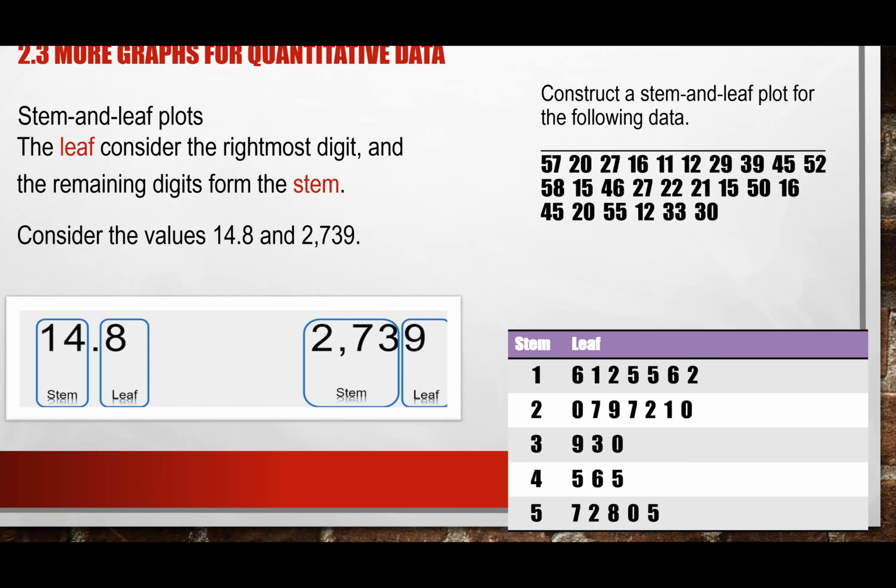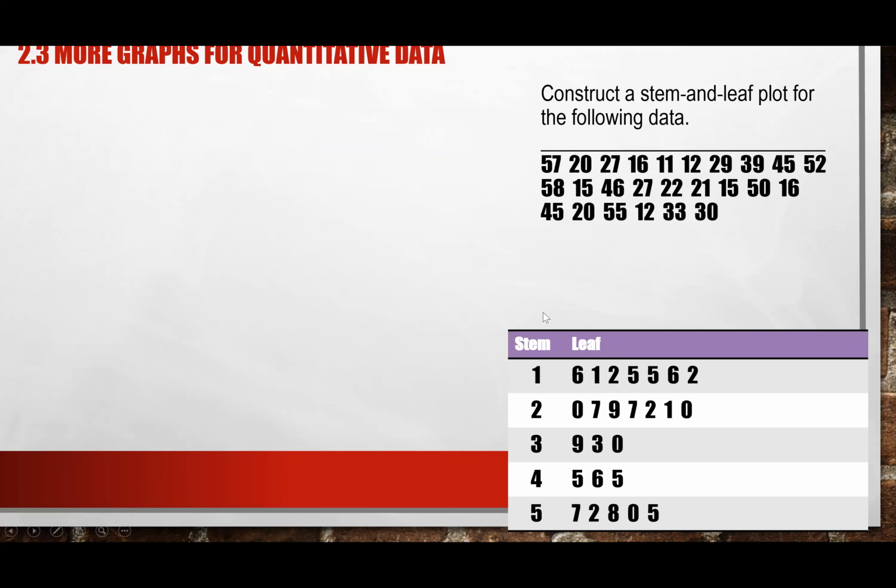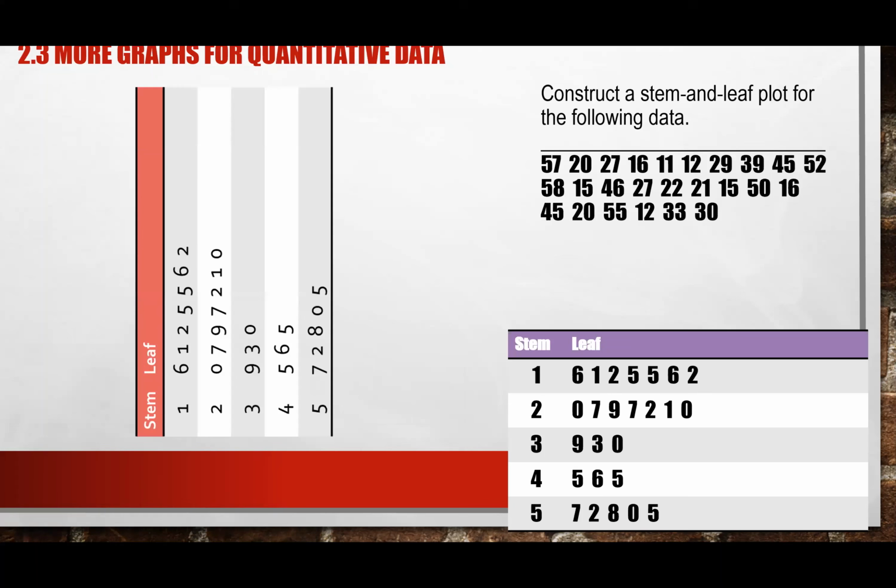Now, what is the purpose of the stem and leaf plot, right? What is the unique thing about the stem and leaf plot? Well, one thing is the stem and leaf plot, ladies and gentlemen, is basically just like a sideways histogram. If you were to take the stem and leaf plot and turn it vertical like this, you can see that this is literally like your histogram, right?